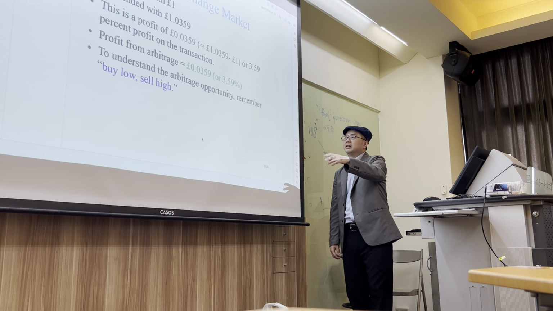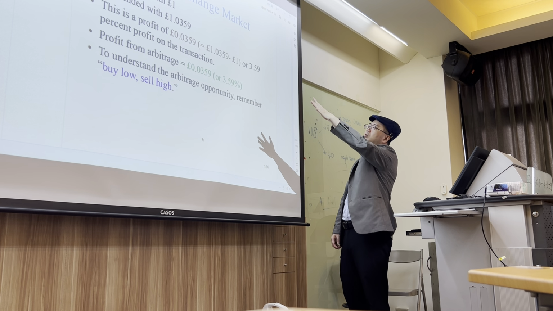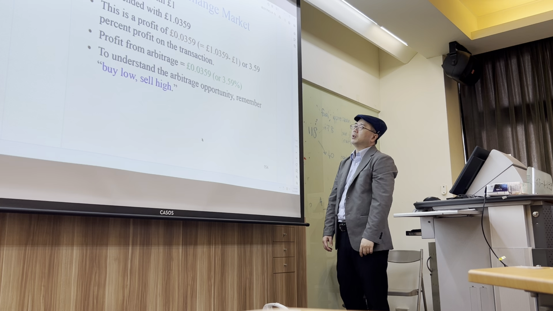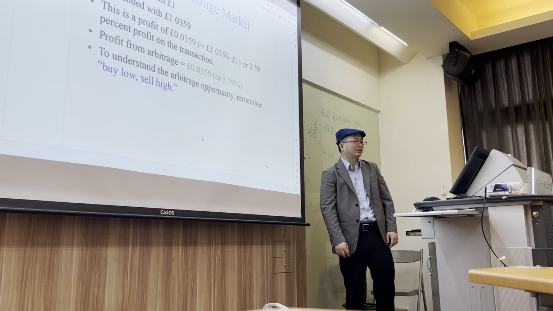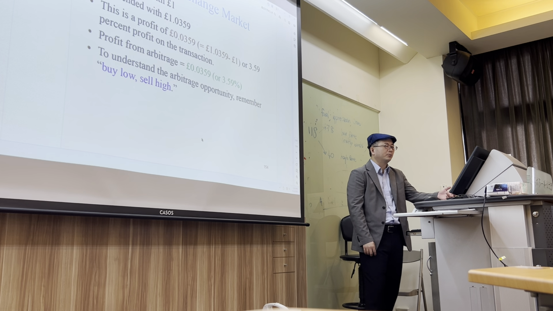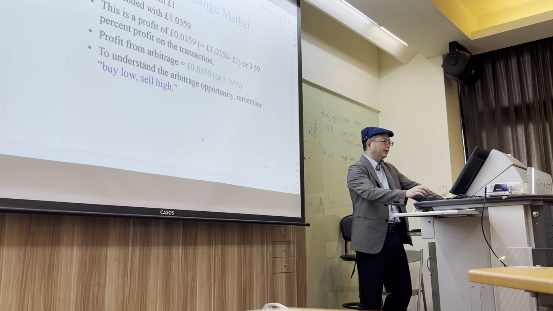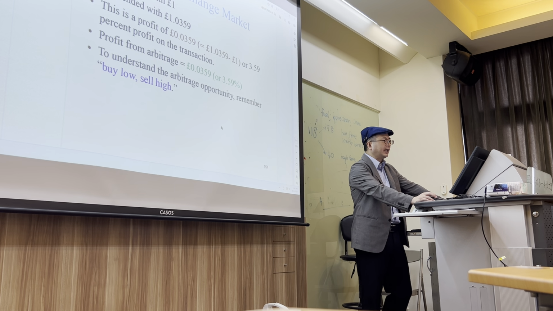So if we look at this in a nutshell, you start with 1 British pound, and then you end up with 1.0359, right? The profit is about 3 pence, and in percentage, it's about a 3.6% return.